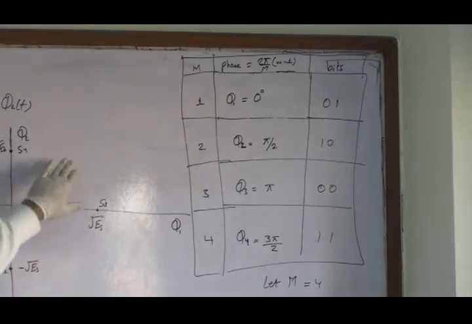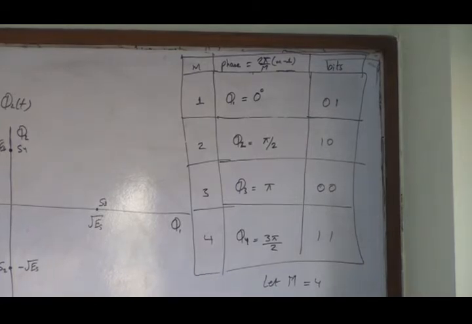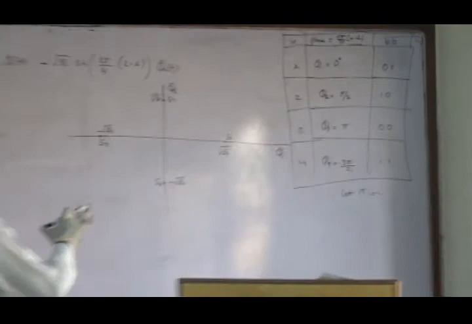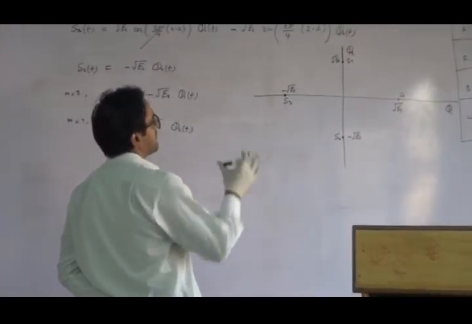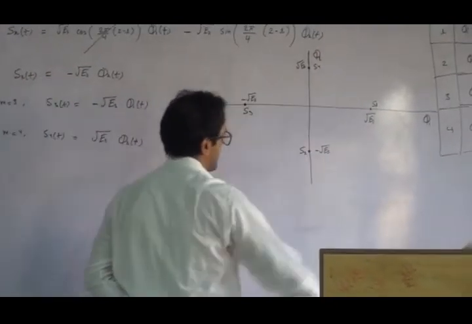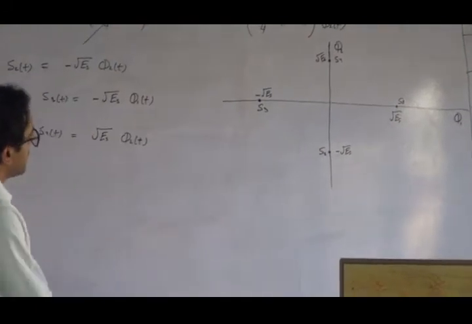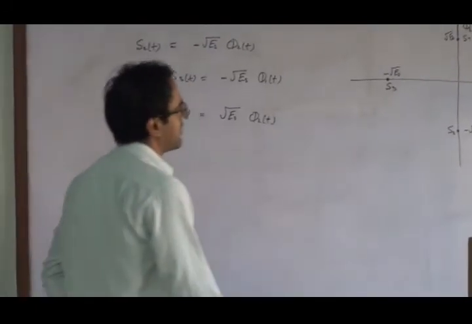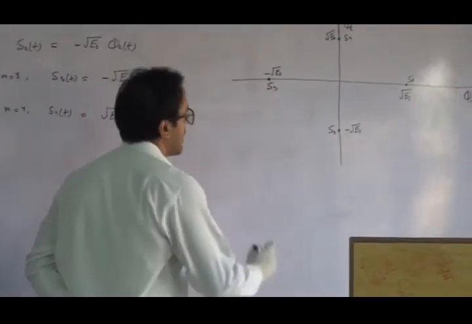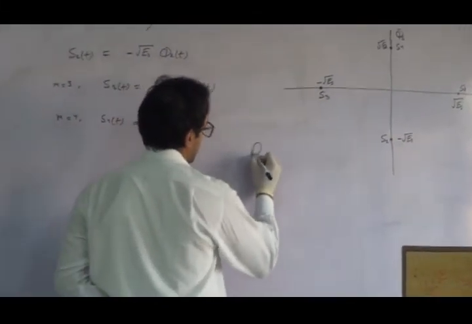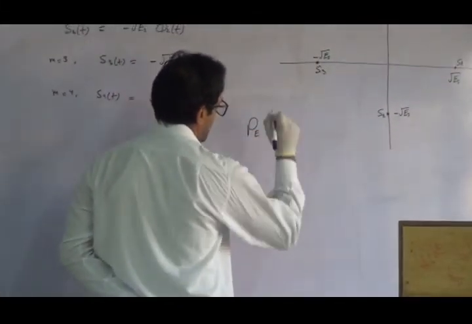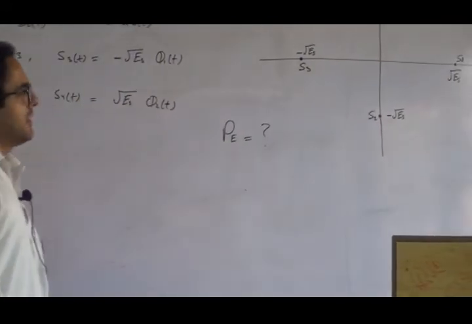And you would have 4 more points populated onto this constellation diagram representing different unique phases. Now again, we can see that we have translated our problem onto the constellation diagram very easily, right? From this point onwards, all we are required to find is the average probability of error in terms of the Q function.